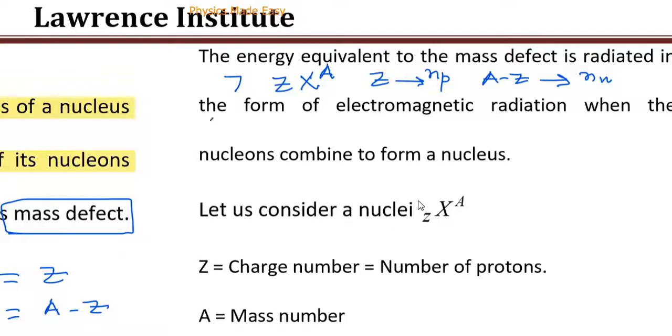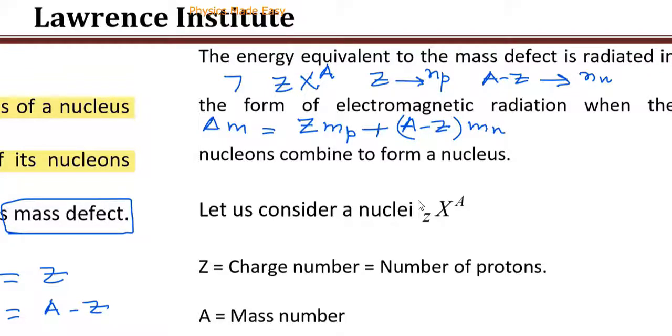And now the mass defect delta M. This mass defect is the number of protons Z multiplied by the mass of proton Mp, plus, so this is the mass of all the protons in free state, plus A minus Z, the number of neutrons, multiplied by the mass of neutron.